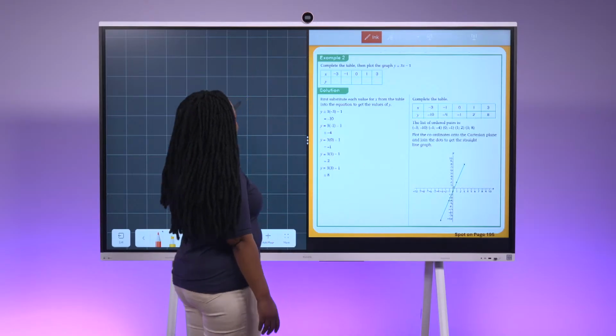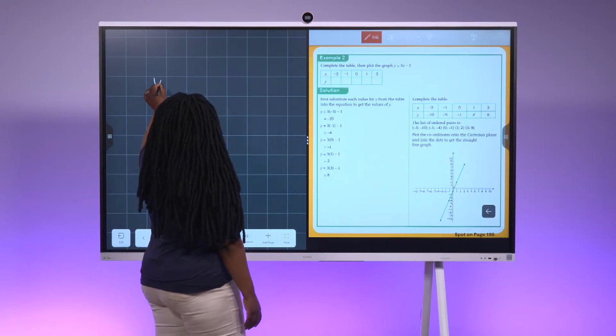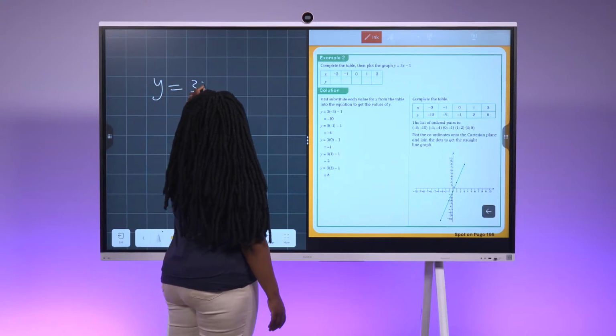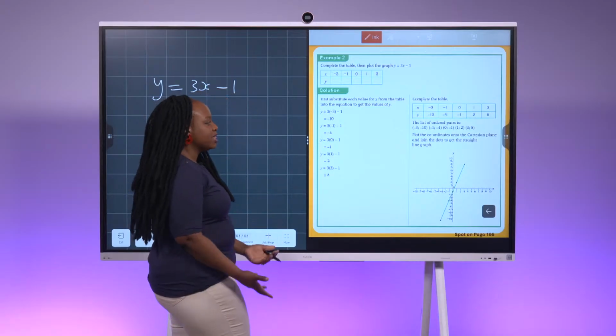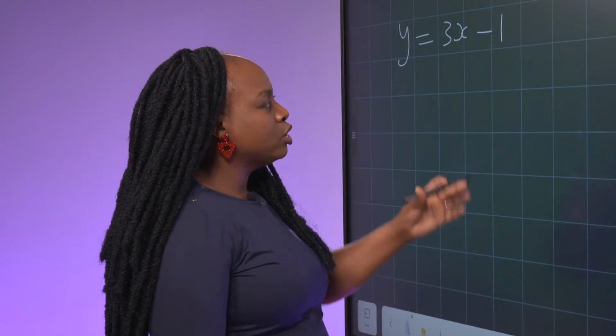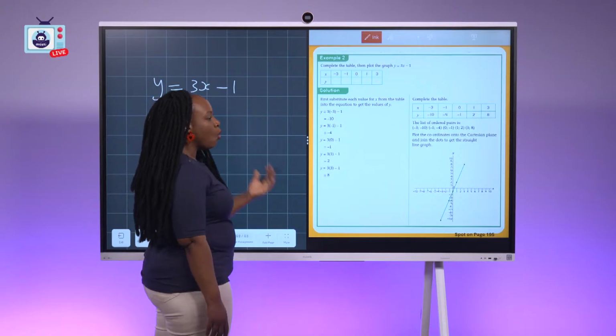So we are given the equation, let's just write it on the side. We are given y equals 3x minus 1, right? So for us to complete the table, what we need to do is to substitute the values that we are given as x values, which we literally call the inputs, and then we get our output of y values.